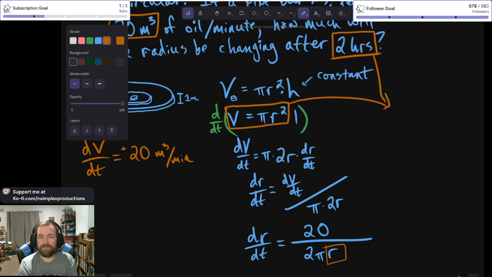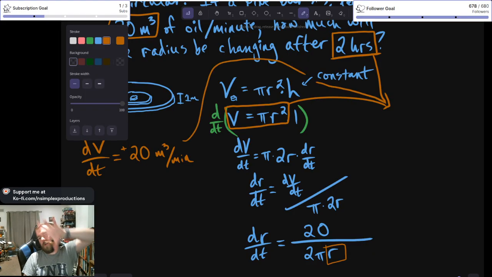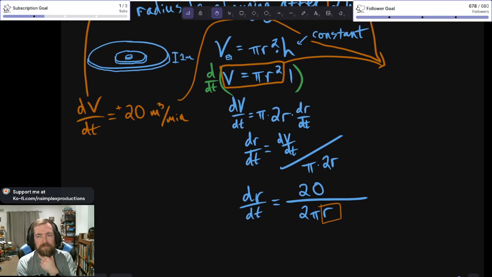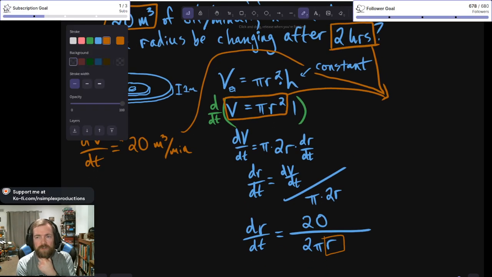And we have a dV/dt. So taking all of this information together, we could say that, okay, after 2 hours, we had 120 times 20 cubic meters per minute.